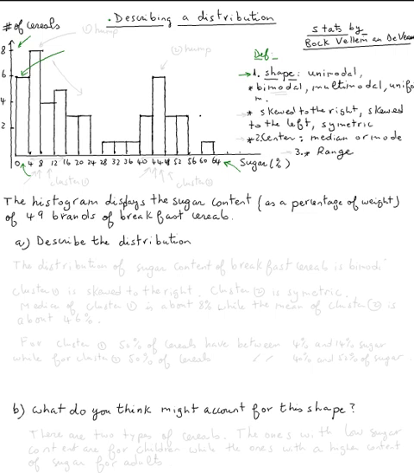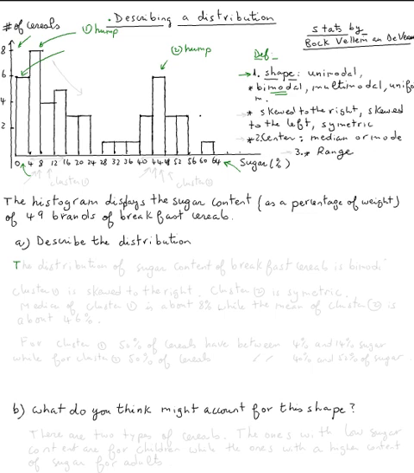If you look at the histogram, you can tell there are 2 humps. Here's one hump, and here's the second one, or 2 modes. So we can say it's bimodal, by the definition of bimodal. We always start with the distribution of our variable.